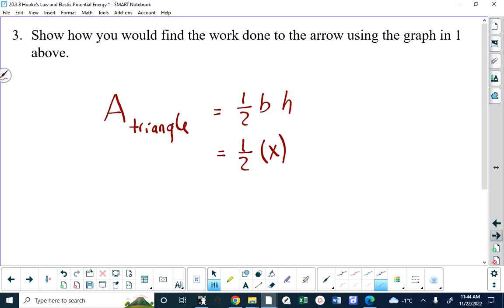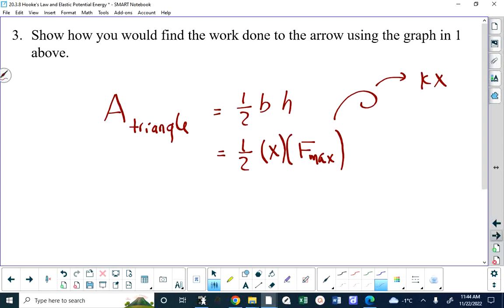The height is the maximum force, which requires deep thought: it's the force that the archer is exerting on the system at that point, which is the same as the force that the bow is pulling on the archer's fingers with, which is kx. It's Hooke's law.